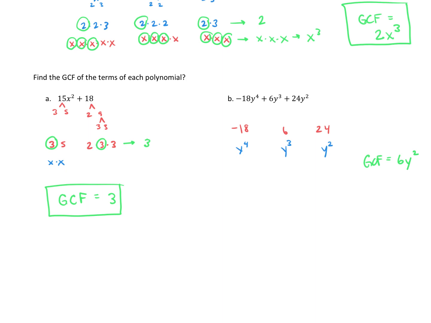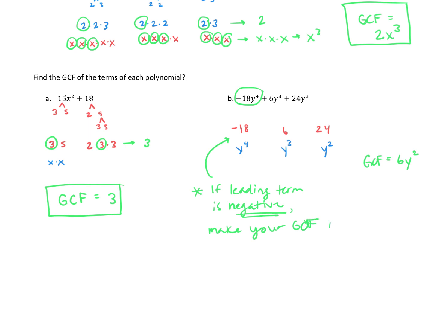Now, one note we need to make: if your leading term, the term with the highest exponent, is negative, then you want to make your GCF negative also.